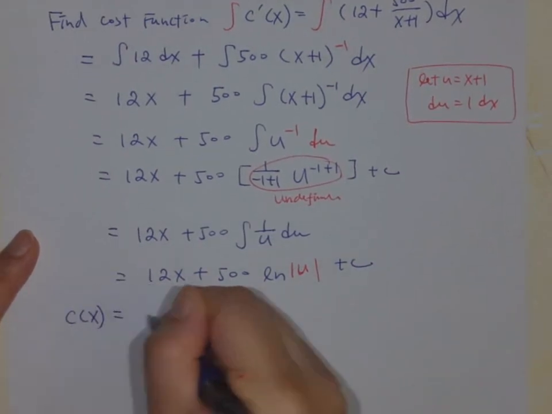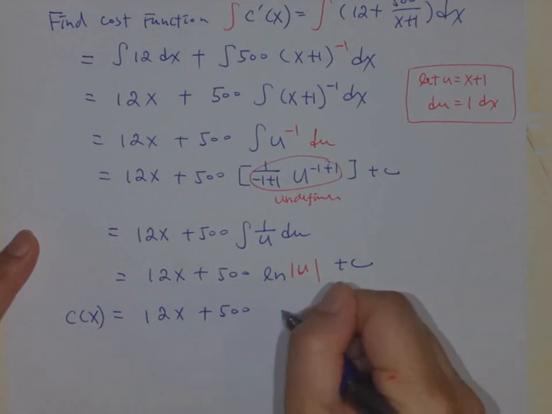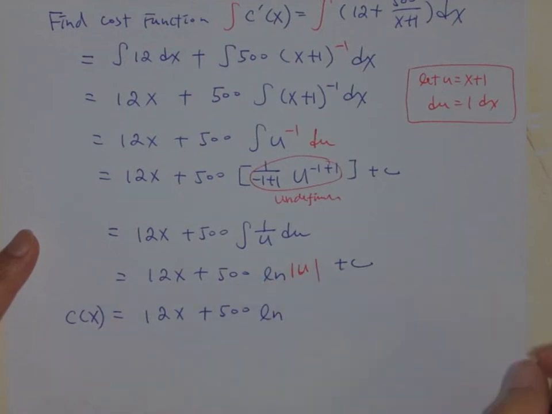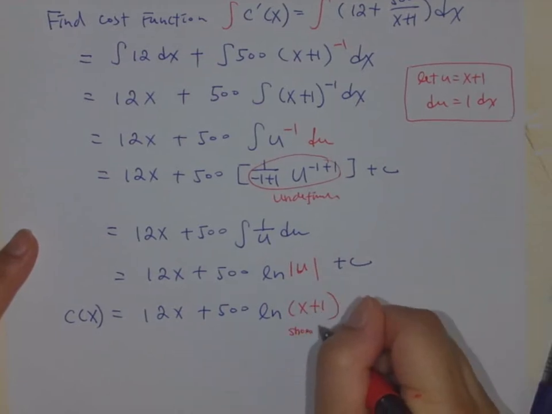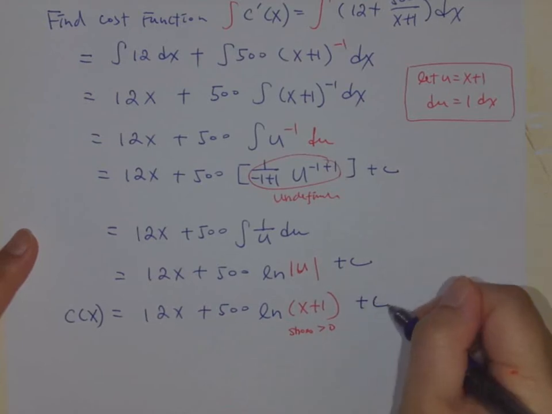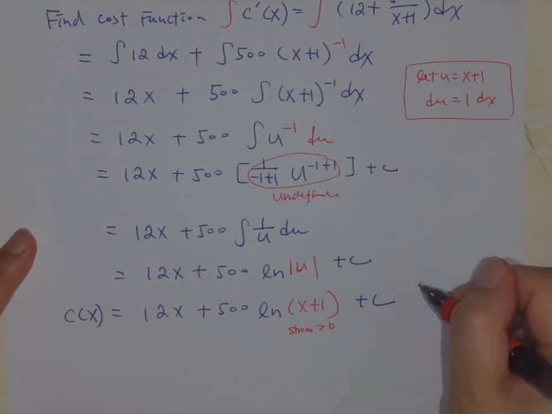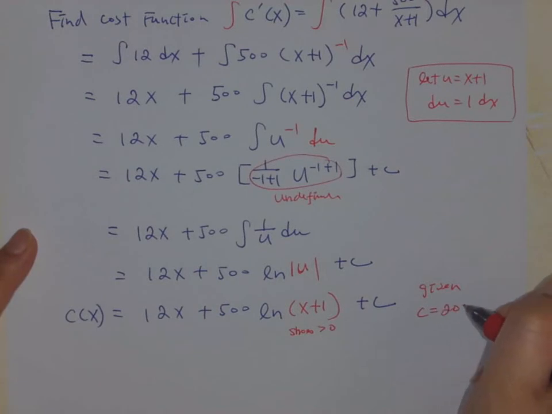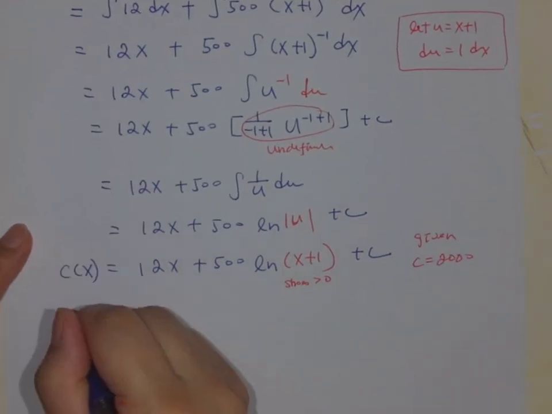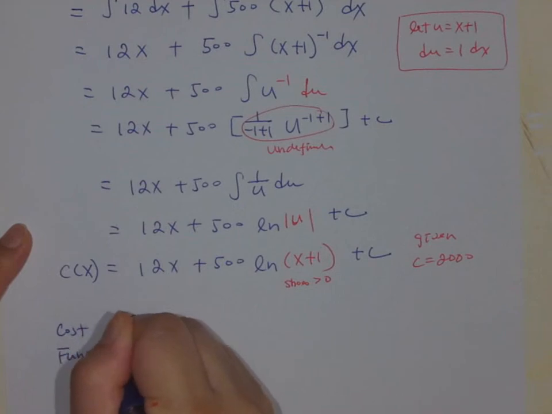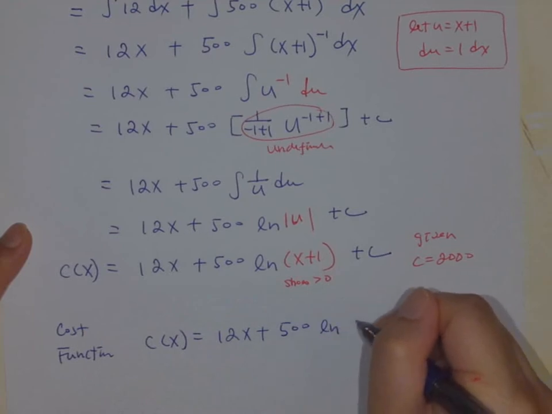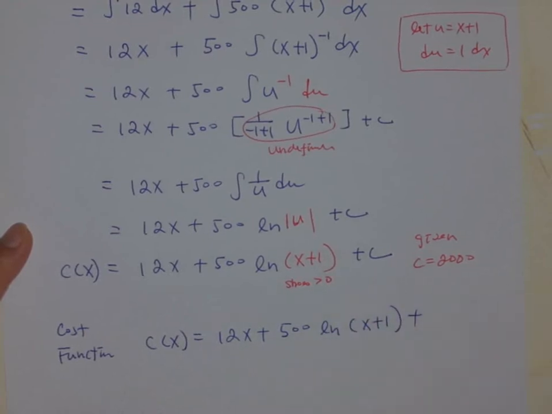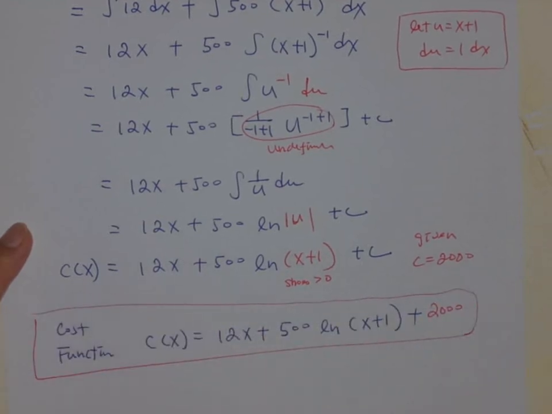So the cost function is going to be 12x plus 500 ln of x plus 1. I don't need absolute value because u should be greater than 0. And then add a c, but the c is given, c equal to 2000. So my cost function C of x is 12x plus 500 ln of x plus 1 plus 2000. That's one of the questions they ask.